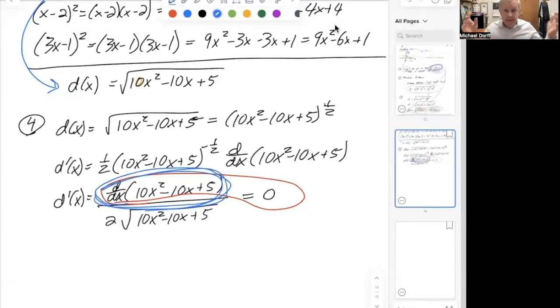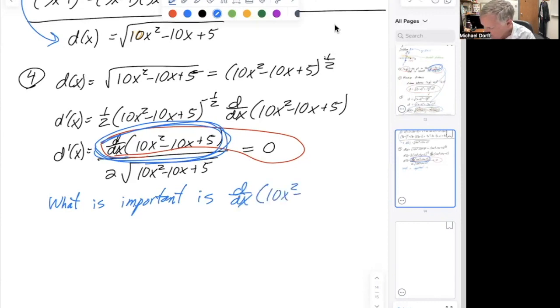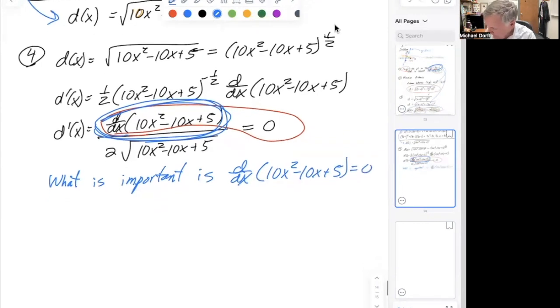Well, wait a minute. This is amazing because we don't have to take the derivative of the square root. We only need to take the derivative of what's inside it. So what is important in terms of finding the critical number is to find the derivative of what's inside the square root and set that equal to 0.